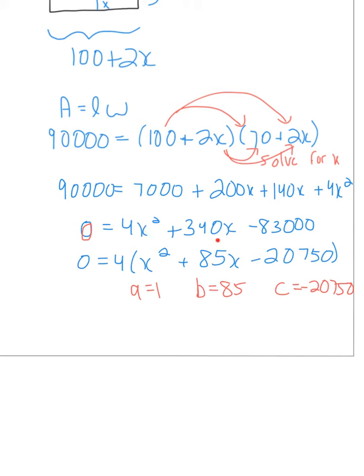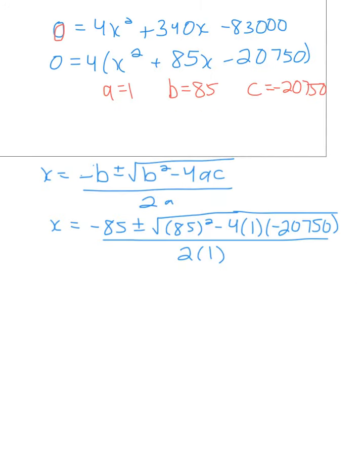However, you will get the same answers as how I would do it with these A, B, and C values. So when I substitute into the quadratic formula, I get negative 85 plus or minus the square root of 85 squared minus 4 times 1 times negative 20,750, all divided by 2 times 1.